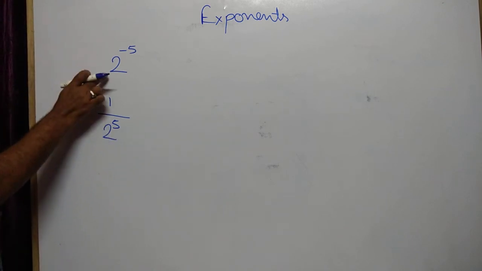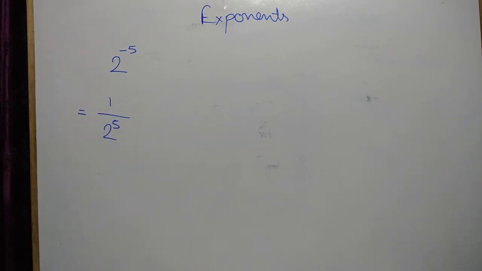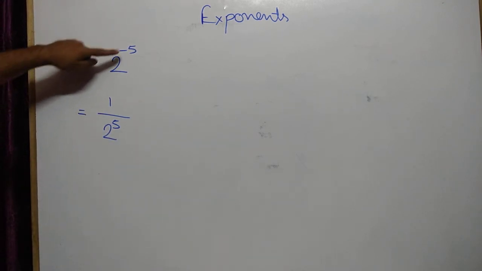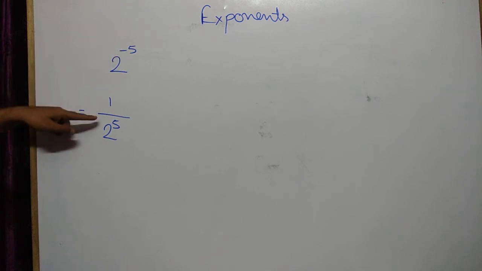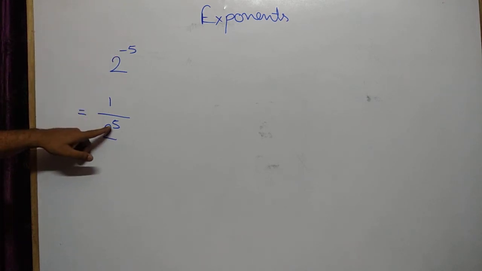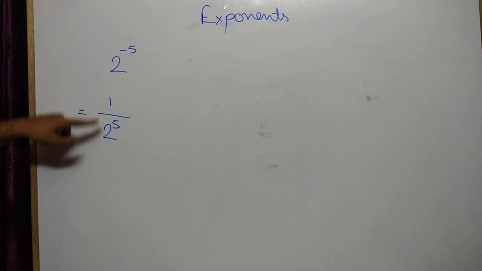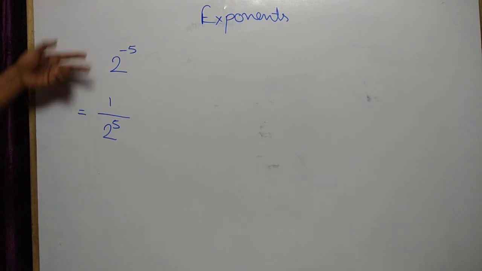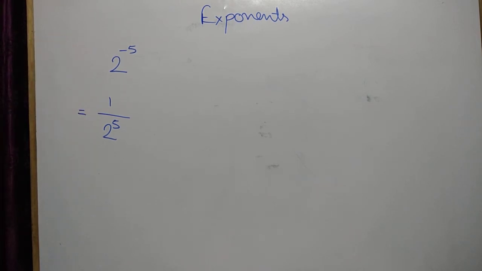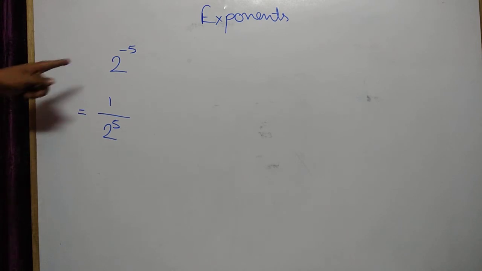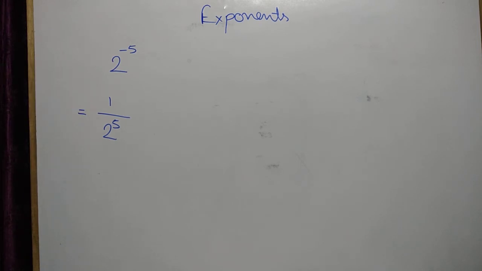See here, 2 to the power minus 5, but in this case we reciprocate and remove the minus sign. It's 1 upon 2 to the power 5. So this is known as the negative exponent, and we can easily express it by reciprocating and changing the sign.